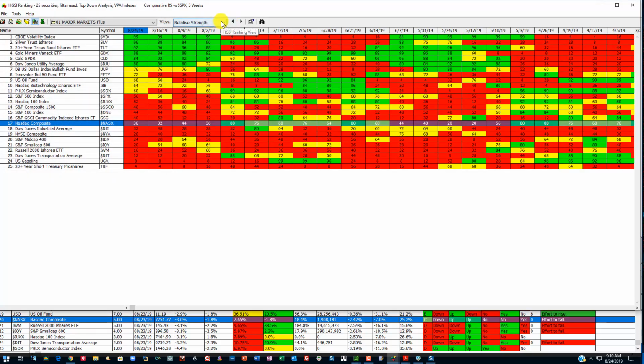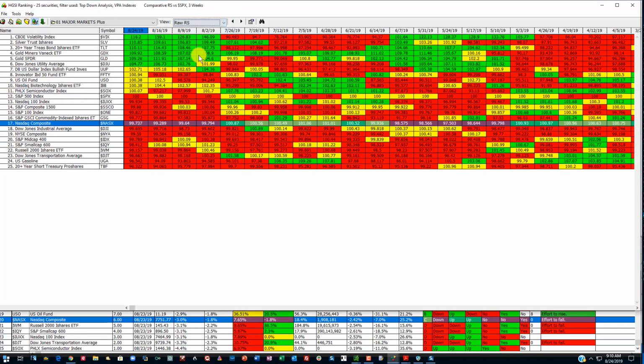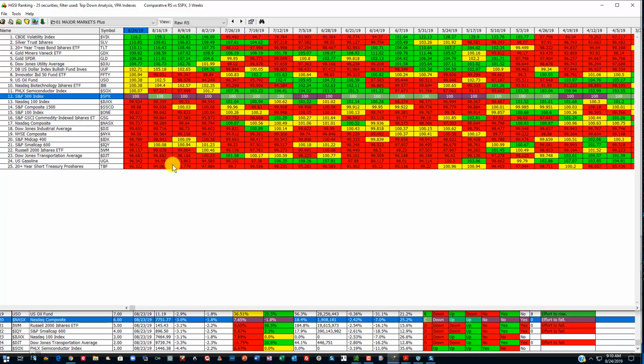And I'll just use a raw relative strength. Anything above 100, here's the S&P 500. You can see the base number is 100. Anything above the S&P, or 100, I'm sorry, is outperforming the S&P.